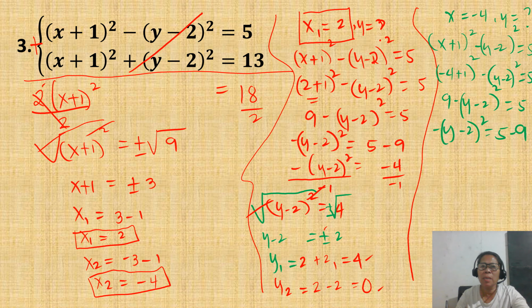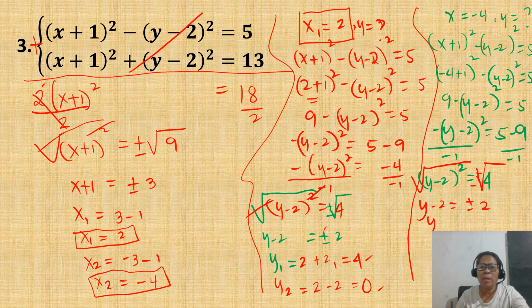So same as we have, negative y minus 2 squared is equal to 5. Transpose the 9. So this will become y minus 2 squared is equal to 5 minus 9 is negative 4, and divided by negative 1 will be positive 4. So still we come up with the same value of our y, which is, this will become y minus 2 is equal to positive negative 2.